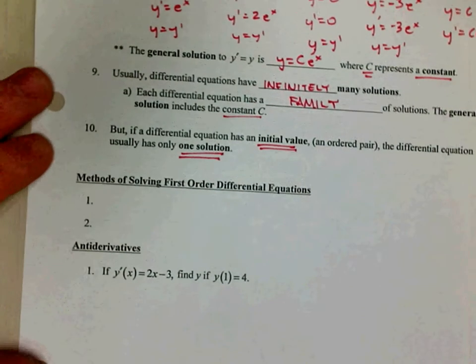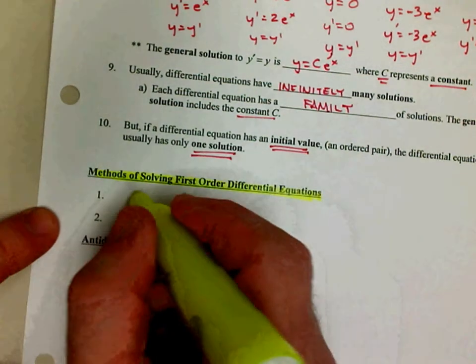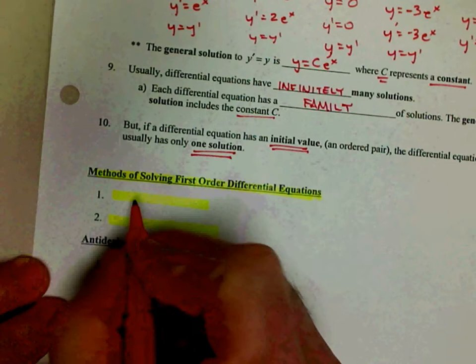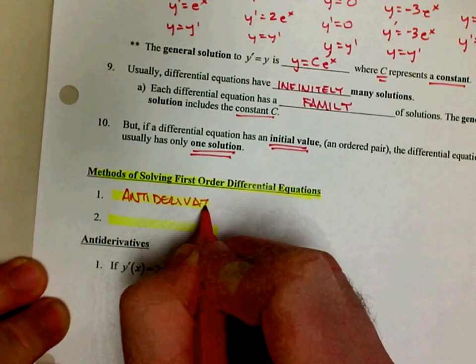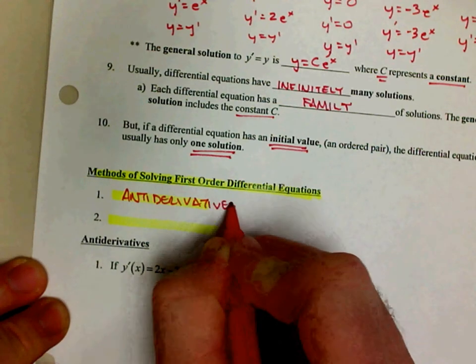Solving differential equations can be done two ways. One is by using antiderivatives, and then the other one is by something called separation of variables.